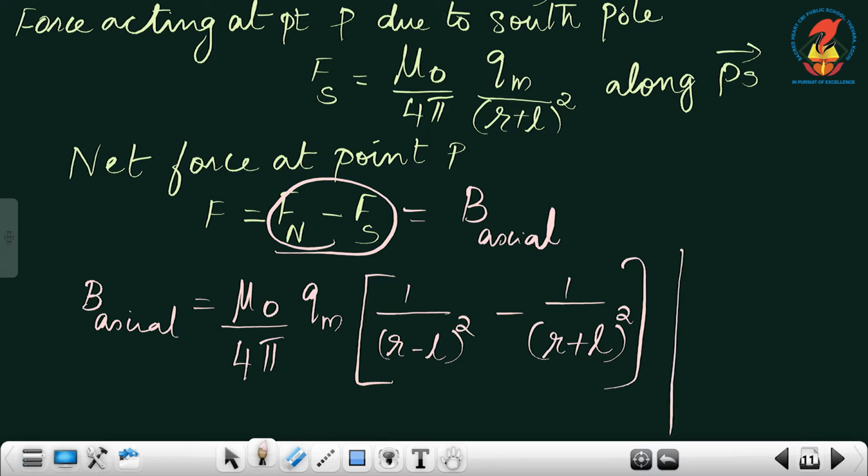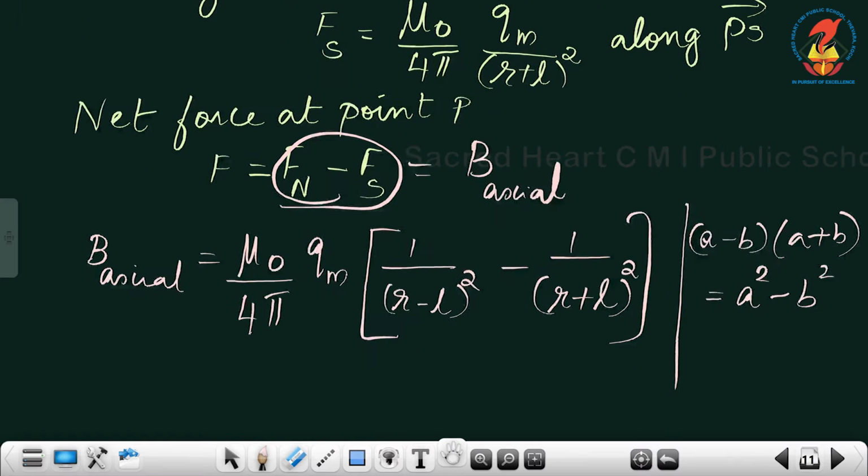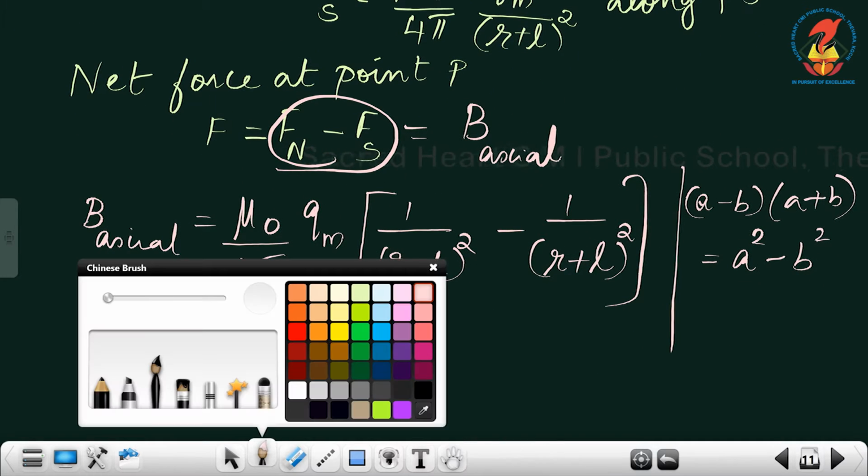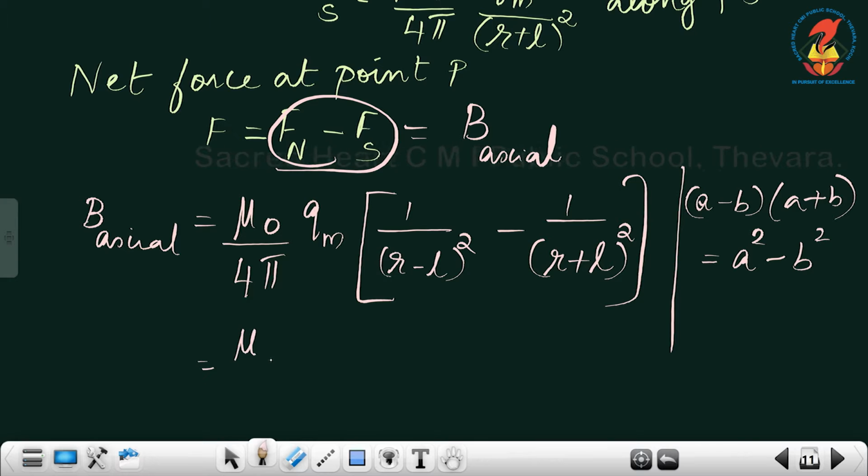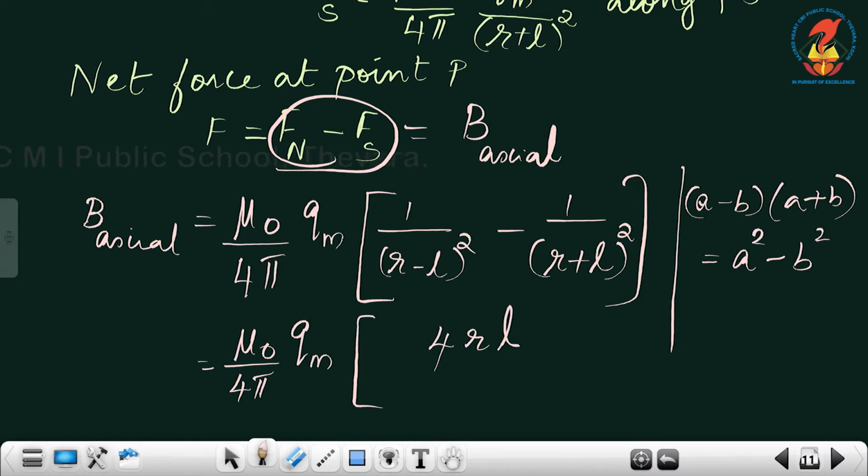Now we know that (A minus B) into (A plus B) is what? A square minus B square. So this denominator term will become equal to mu 0 by 4 pi qm into 4 rL divided by (r square minus L square) the whole square.